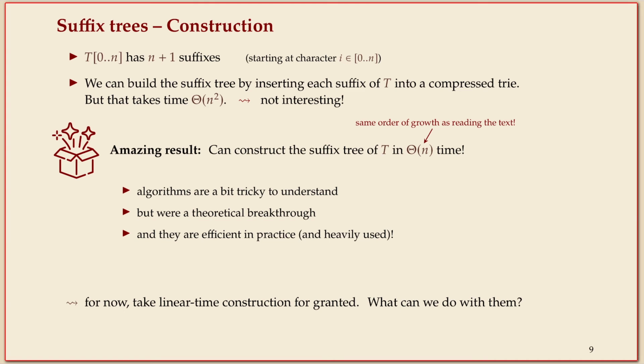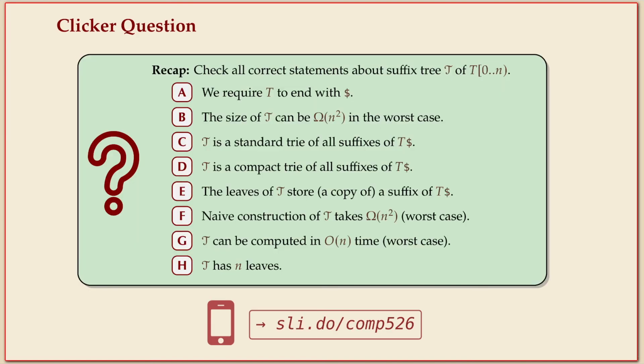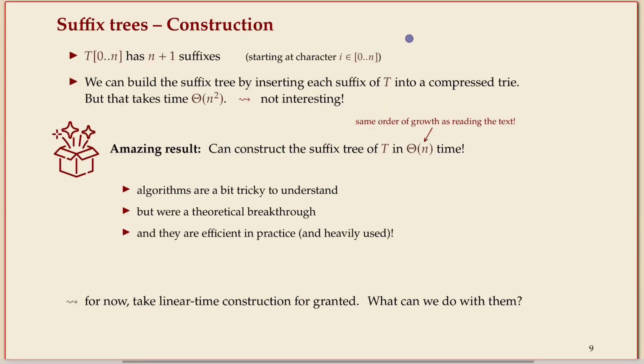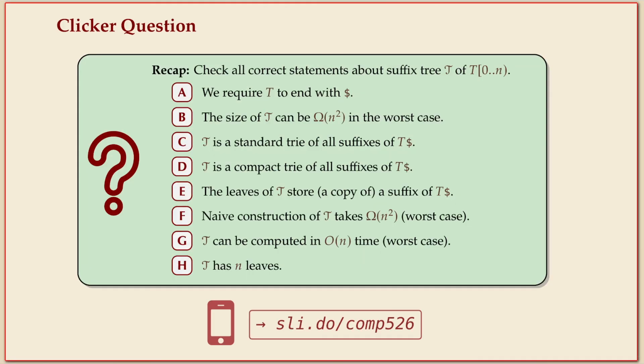Good. So just assuming that this fast construction does exist, what can we do with it before we bother to learn about it more? I have a fairly mean summary question that's trying to test you on your understanding of this definition.